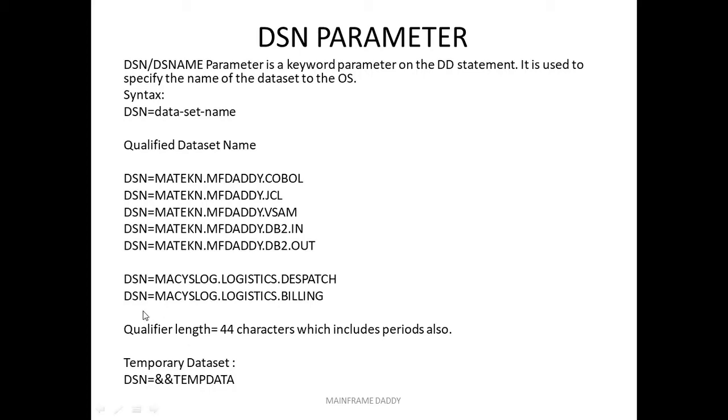If you put DSN equal to double ampersand and any user defined name, it is created as a temporary dataset, and that dataset will be used within the job or within the program which is executing, and once the execution is over, its lifetime is over. After that, it will not be cataloged, or kept in the system.